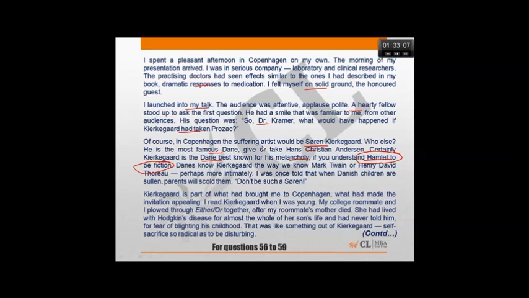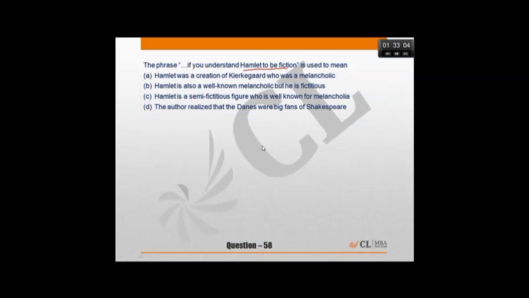Let me go to the question. If you understand, what does it mean? Hamlet's creation was melancholic. Hamlet was not melancholic because he's fictitious.